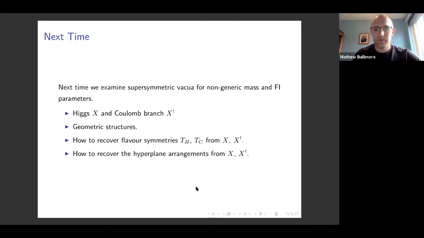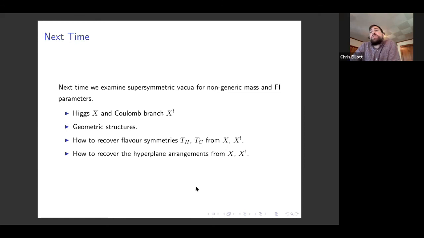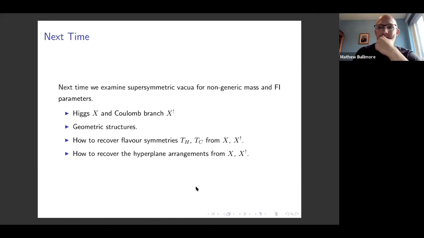Antoine is asking, can you say anything about the case where the mass matrix is not diagonal, e.g. nilpotent? Yeah, I don't think I have anything intelligent to say about that.